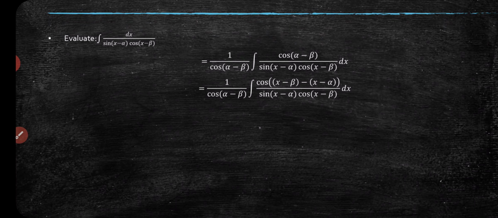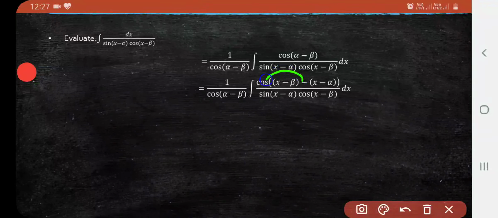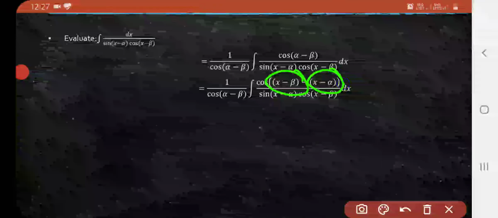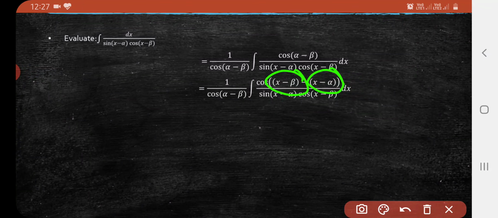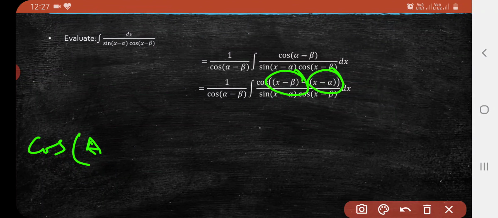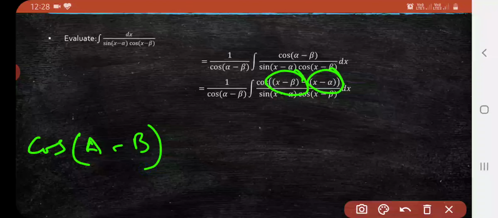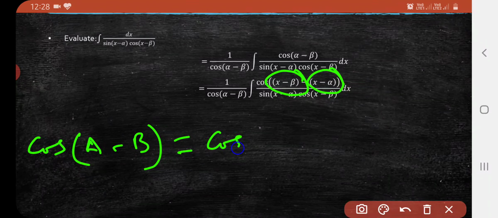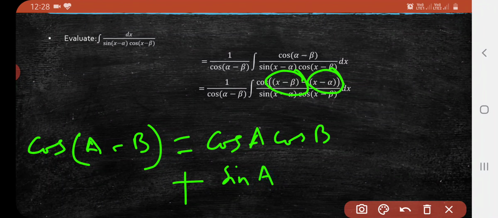Fine. So now cos of x minus beta minus x minus alpha, once again, if you see this x minus beta to be considered as a and x minus alpha to be considered as b, then cos of a minus b can be written as cos a cos b plus sin a sin b.